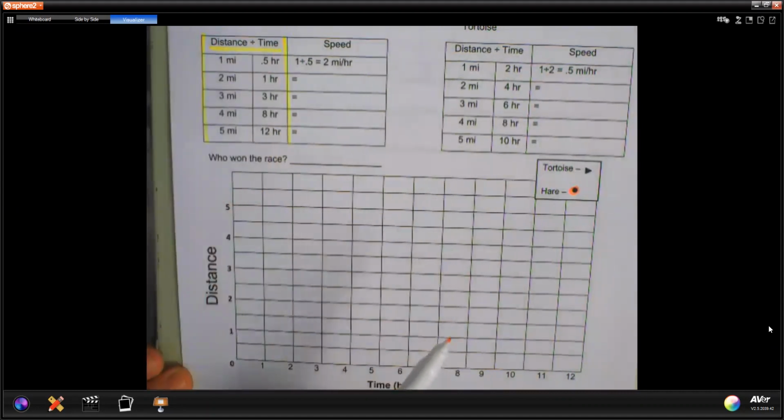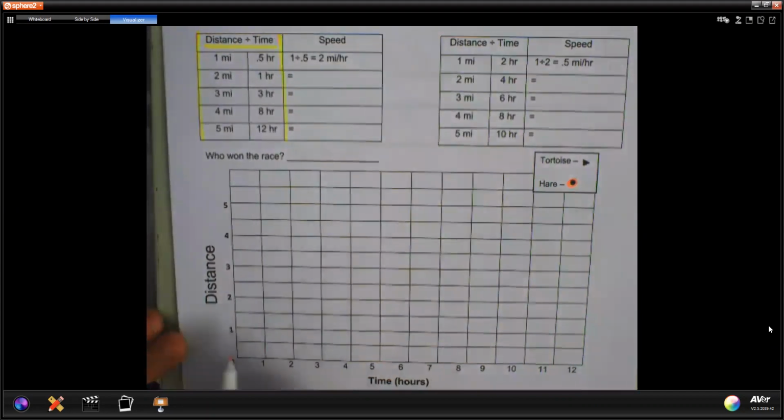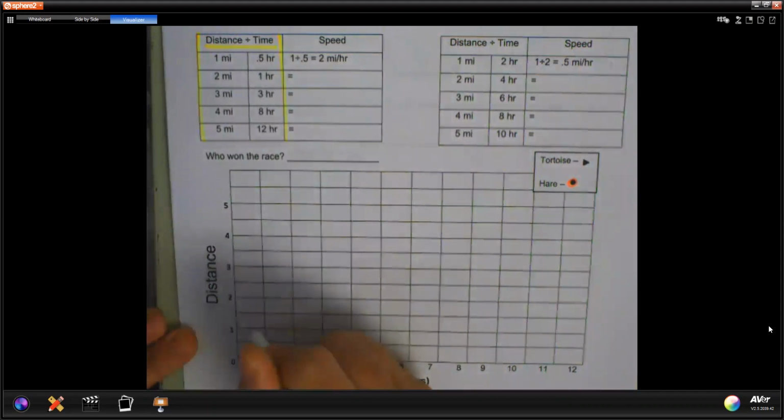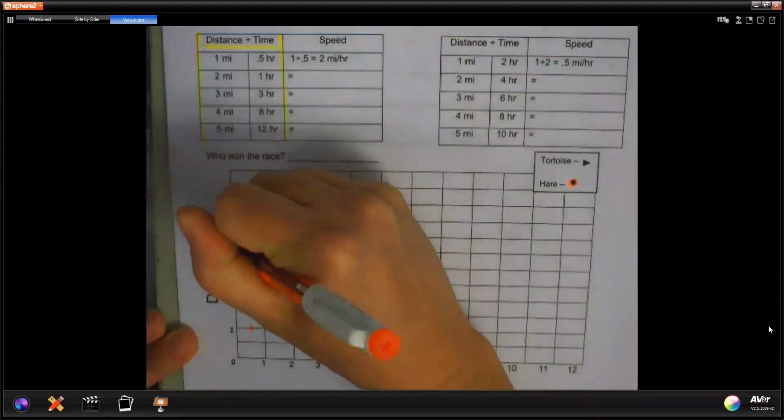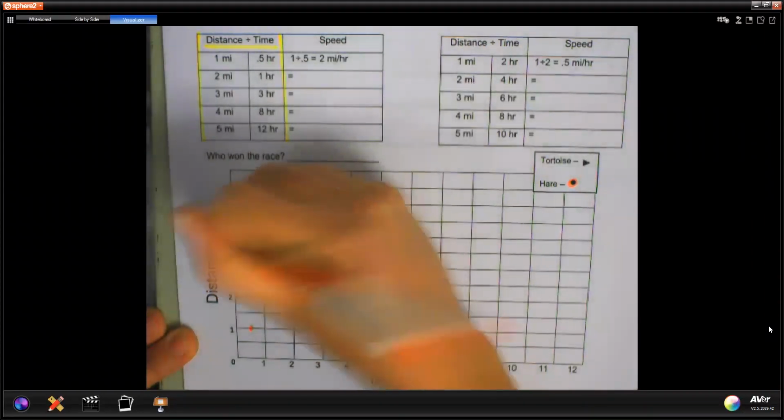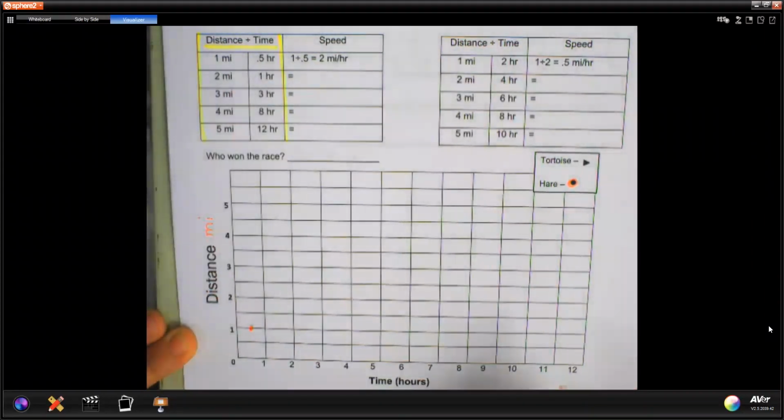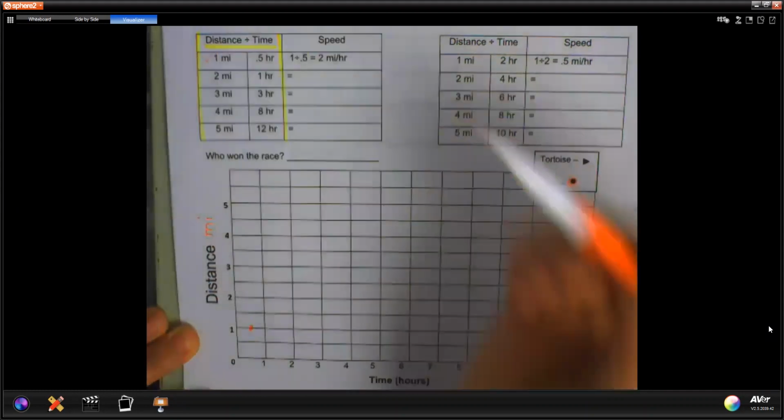So that 0.5 hour is half an hour, which means we have to go halfway between 0 and 1. This is where the 0.5 hour will be, and we have to go up to the 1 mile point. That's where we're going to draw the first point. This distance is measured in miles. Okay, so that's our first point.